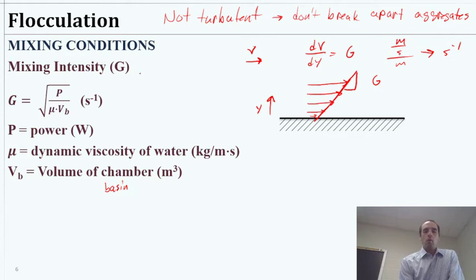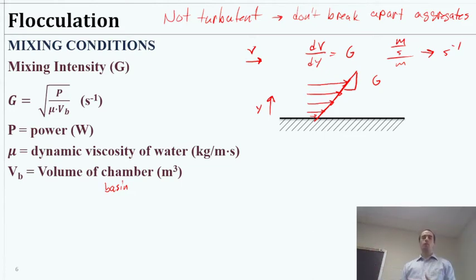So we know that whatever expression for G, this mixing intensity, if that's how we're defining it, has to be in per time units. So it turns out that a good equation, I'm not deriving this, for the mixing intensity is the square root of the power that's being input. So if we have a propeller, we apply some power to that propeller and it's mixing. That power is divided by the dynamic viscosity of the water and then the volume of the basin.